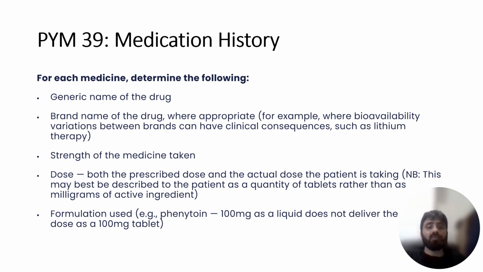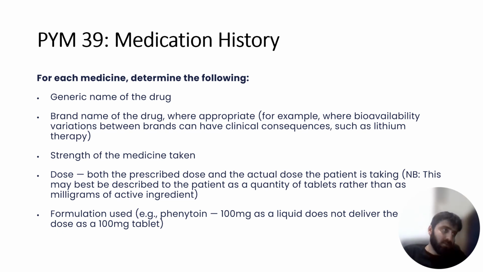This may best be expressed as a quantity of tablets rather than as milligrams of active ingredient. Then you need to ask what formulation they are using at the moment, because in the case of phenytoin, a 100 milligram tablet does not deliver the same dose as 100 milligrams of liquid. So make sure that you ask the formulation.